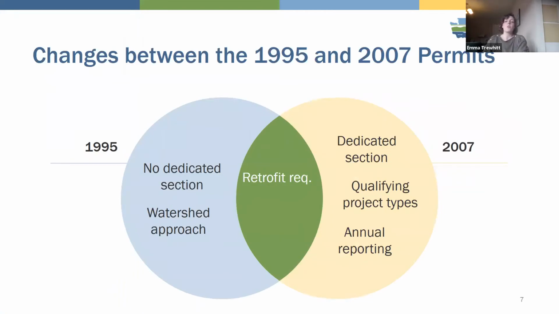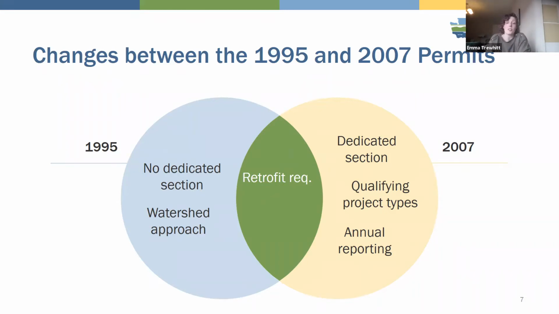So then moving forward to when the permits were next issued, Ecology made a few changes. First of all, the SSC requirement was pulled into its own section titled Structural Stormwater Controls for the first time. And I don't think I've explicitly said this, but SSC stands for Structural Stormwater Controls, so I use those interchangeably throughout this talk.